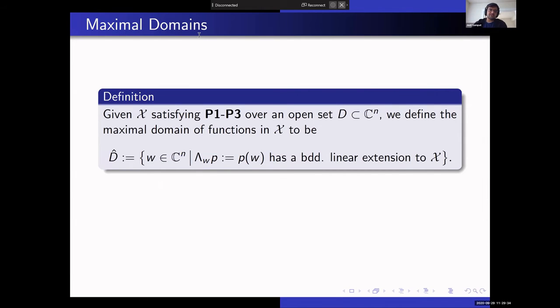For the purpose of this talk, I'm going to restrict to this definition, which I couldn't find anywhere, so I kind of came up with this weird definition, and I'll explain what it means.